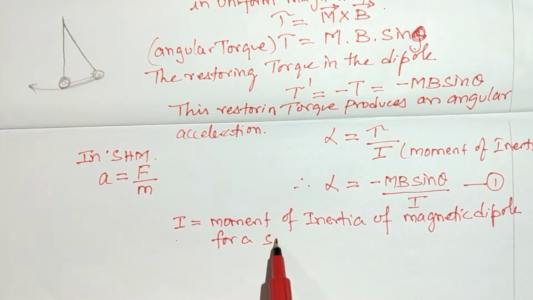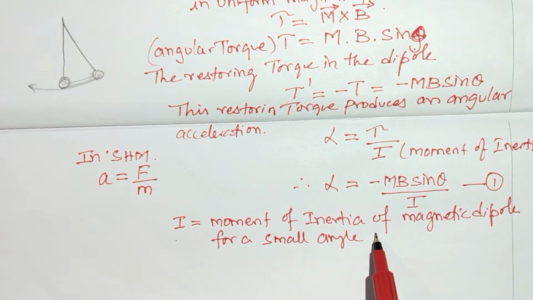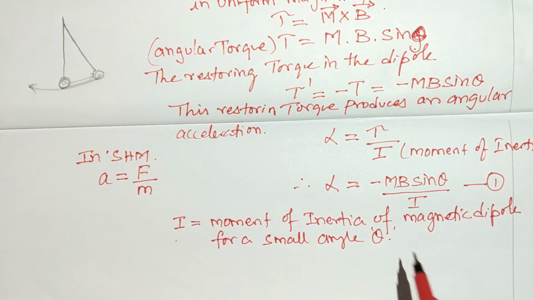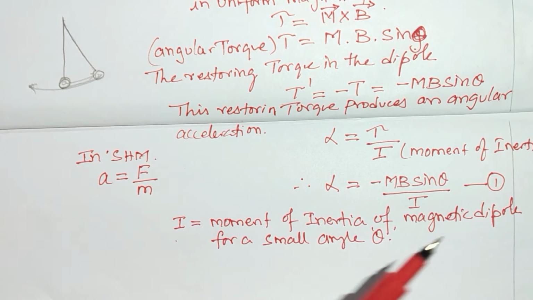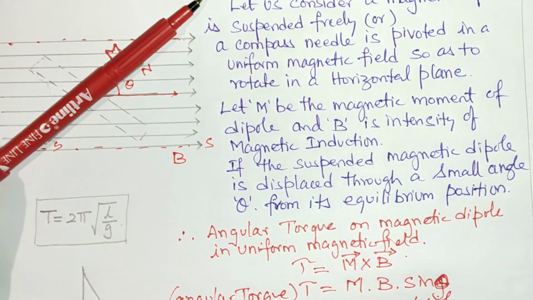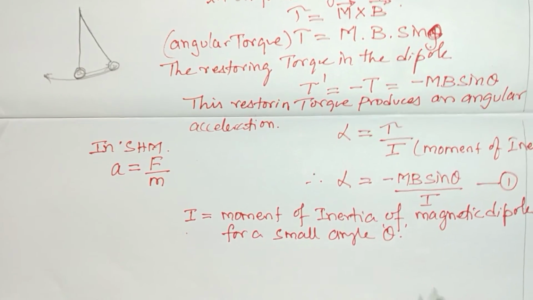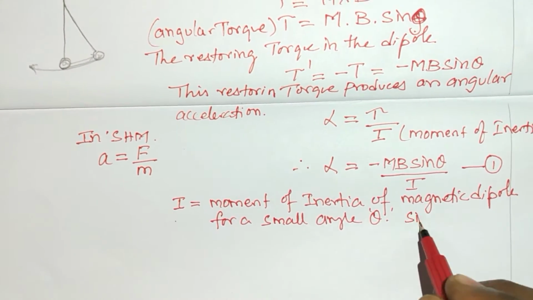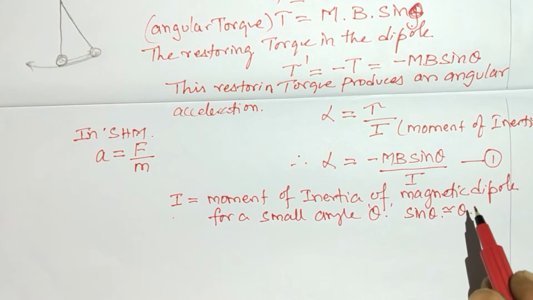Now, the angle that the magnetic dipole has made in this uniform magnetic field is a very small angle. For a small angle theta, how much will sin theta be? Sin theta will be approximately equal to theta.